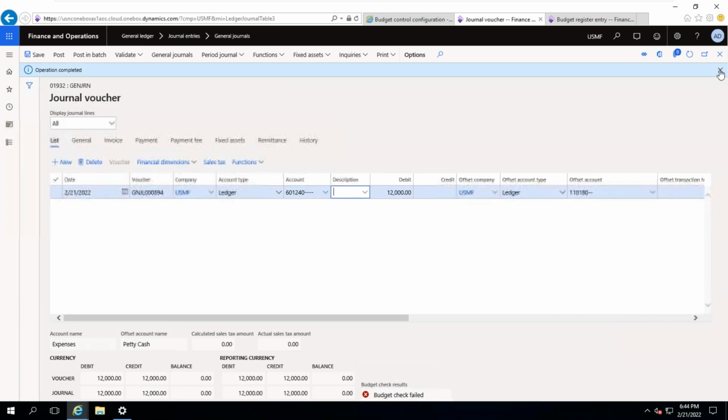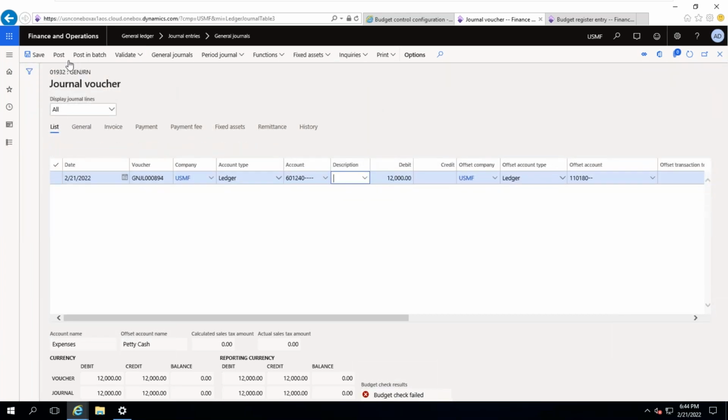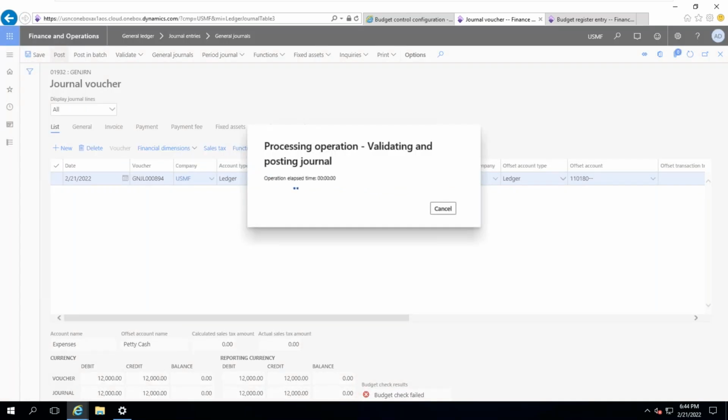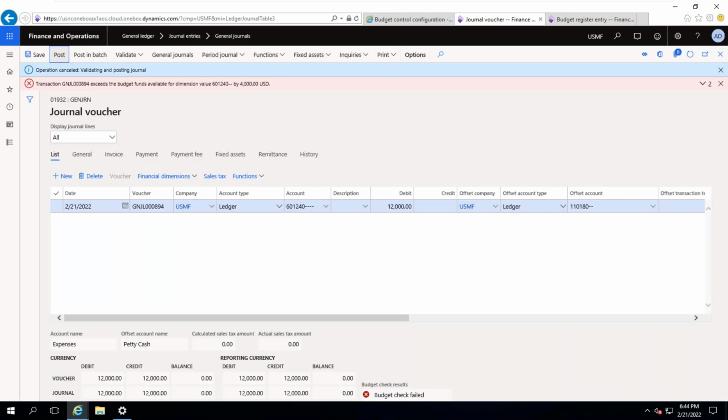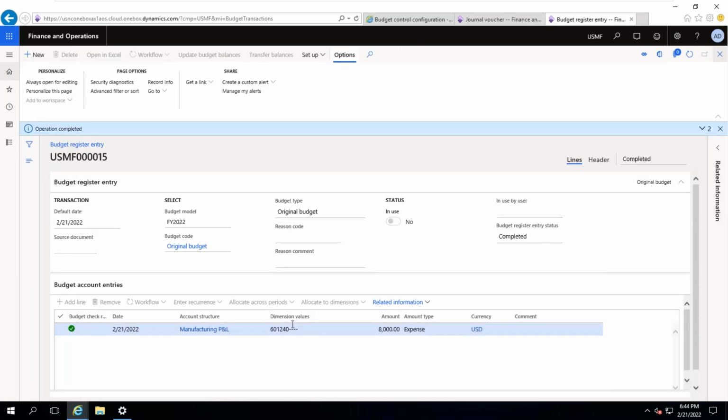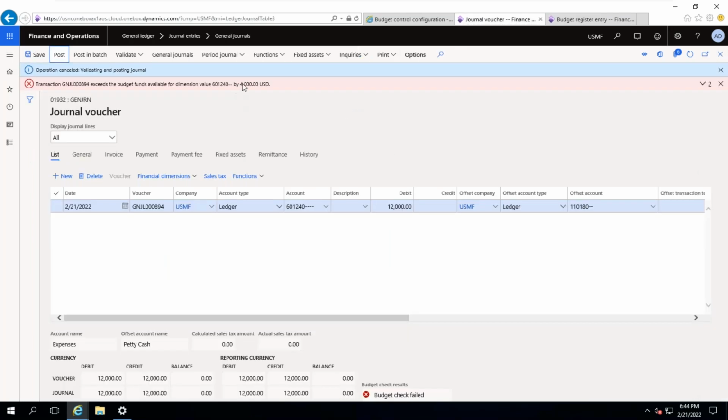Now let me try once again to post. Now it will show you it has exceeded by 4,000. Got it? The budget amount you have configured for this 601240 is 8,000, and only 8,000 will be allowed.